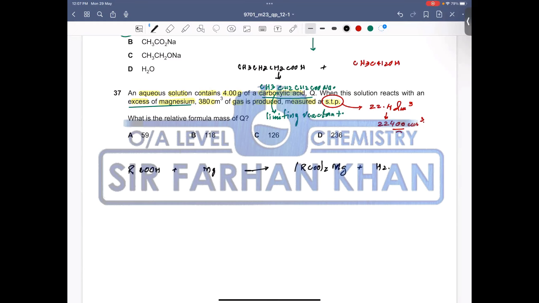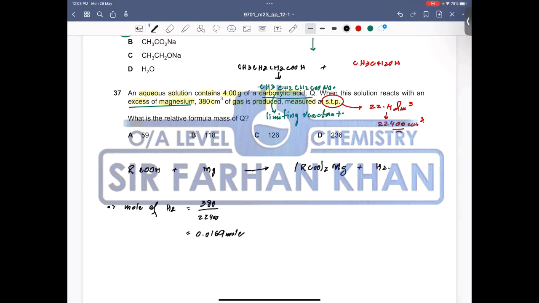First of all, we need to find out the moles of hydrogen gas. So basically it's 380 divided by 22400 cm cube. So it's going to be 0.0169 moles.